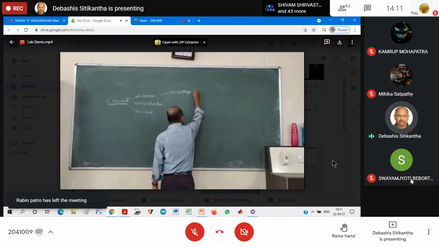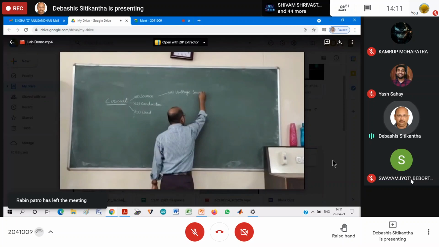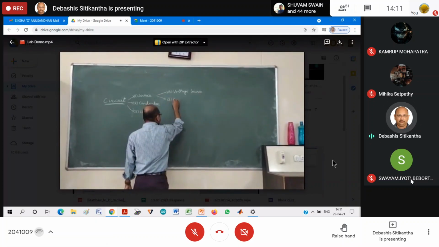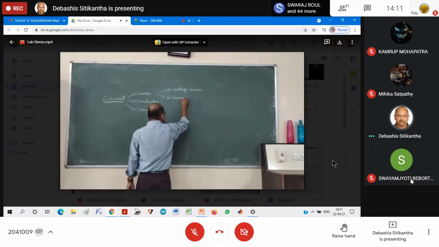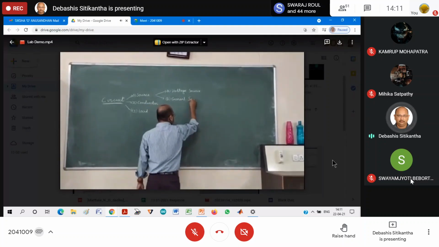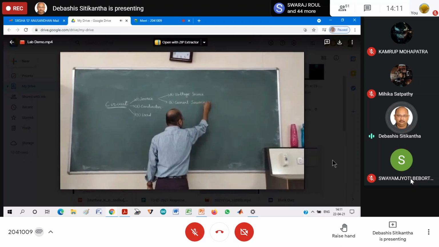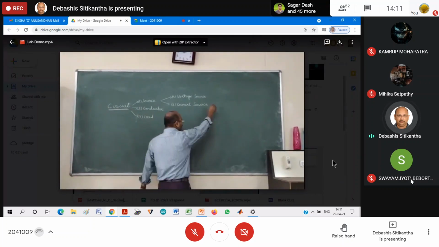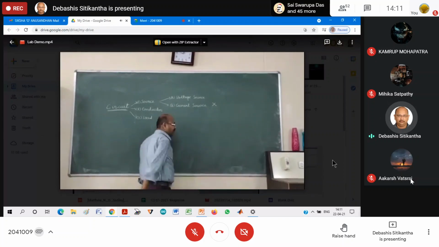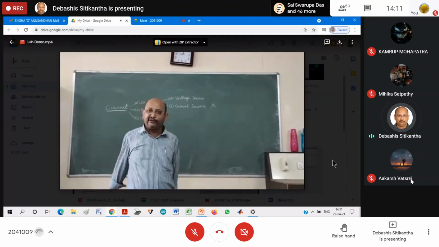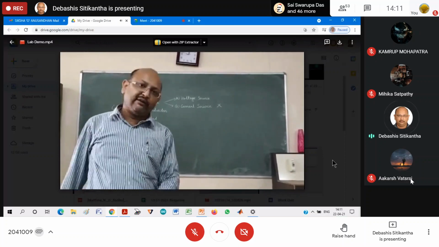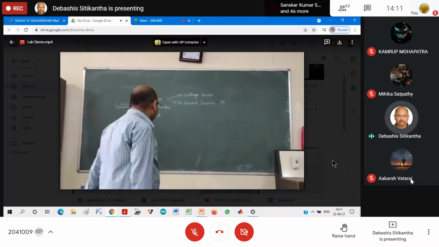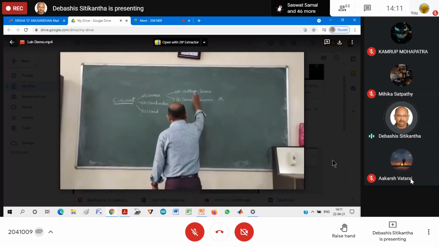The other one is a current source. But for you people in first year, I am not going to discuss much about this current source. Let us limit this type of source only for electrical, electronics, and tripple students. So we are not basically going to discuss this current source. Now we will only concentrate on this voltage source.